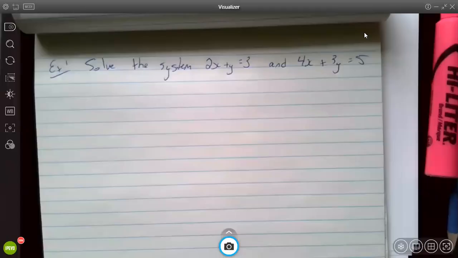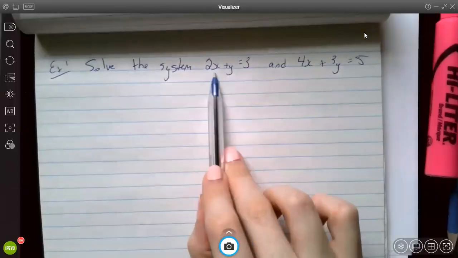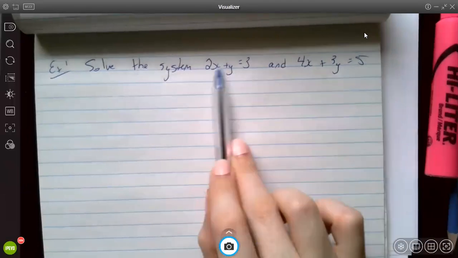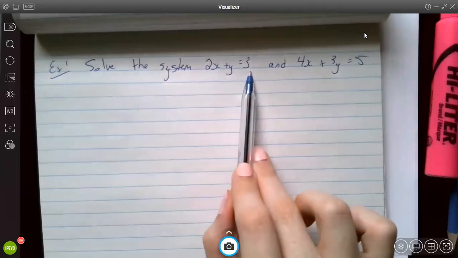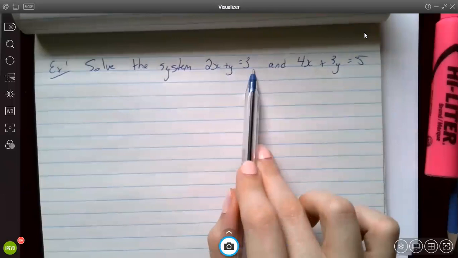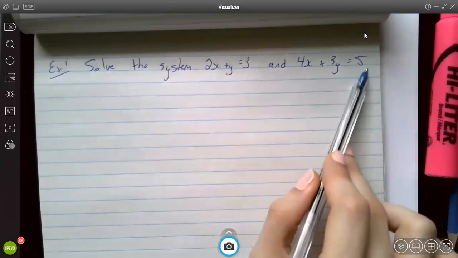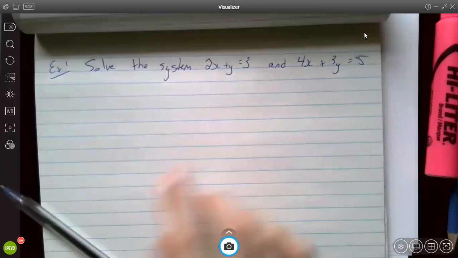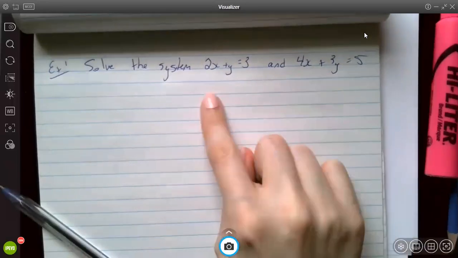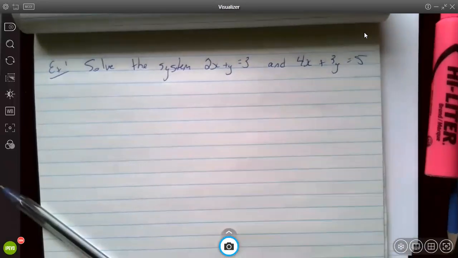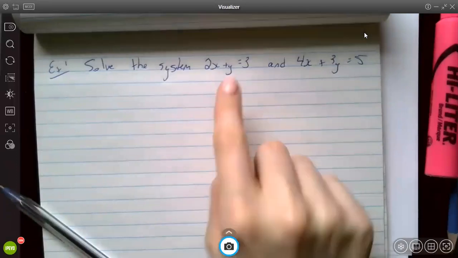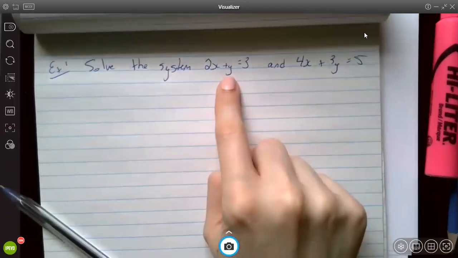Okay, so this first example says solve the system, and it gives us two equations, 2x plus y equals 3 and 4x plus 3y equals 5. Now, when I'm trying to decide which of these two equations I'm going to isolate a variable in, look for an equation that already has a variable with no coefficient.